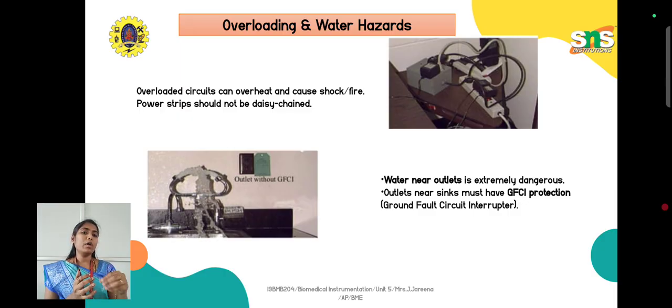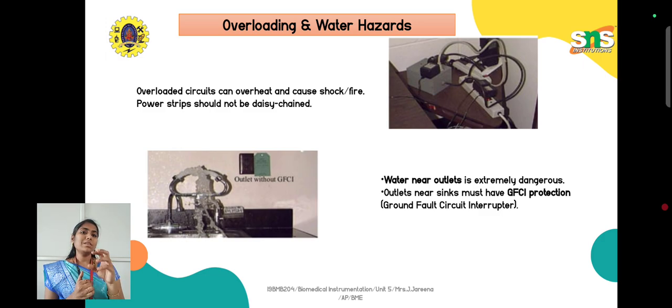Also, if you are using any outlets near a water pipeline, we have to use a GFCI, that is a ground fault circuit interrupter. Without this, using outlets near the water supply is extremely dangerous, and the person can get a shock at any time.